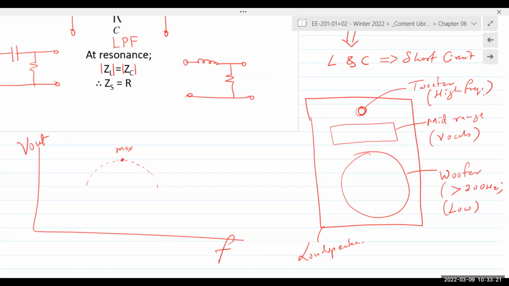Anyway, how many of you have a subwoofer in your car? Anyone? Just one? When I was a student, I didn't have a car. When I went to grad school, I picked up an old junk car from a car auction, my first car for like $1,000.